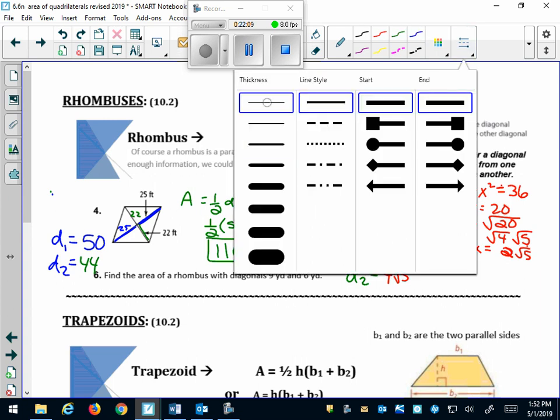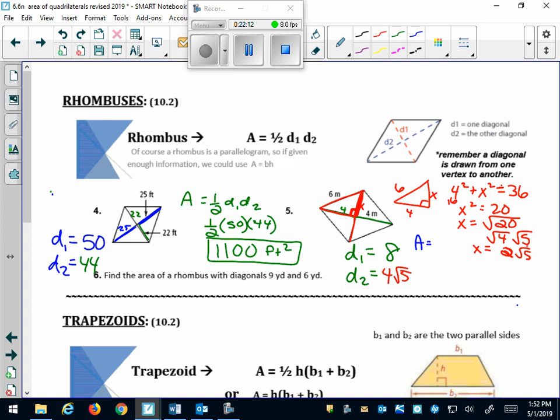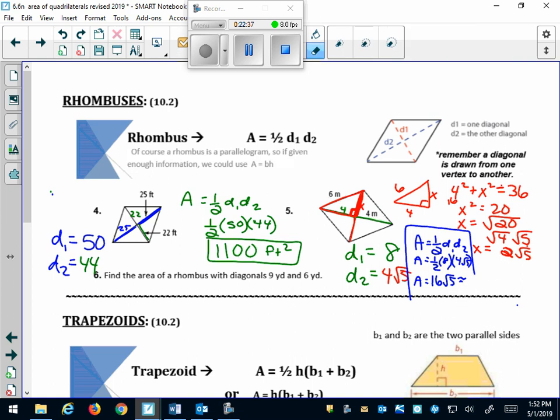Okay, so our area then, 1/2 D1 D2 is 1/2 8 times 4 root 5. So the exact area would be 16 root 5, and the approximation of that as a decimal would be 35.78.